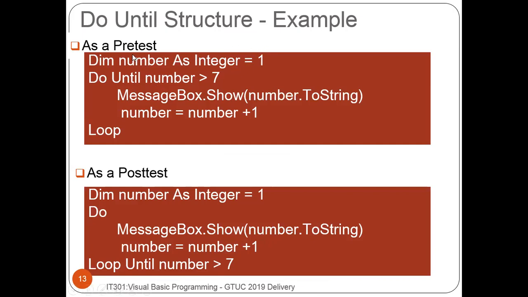So this here is the initialization of the loop variable, right? That is number is equal to 1. We are initializing. Then this here is the condition, number greater than 7. That's the condition. And then the increment is number is equal to number plus 1. So all of them are in there, but in different places, right? But for a for loop, all these must be in the declaration or in the heading of the for loop, all right?